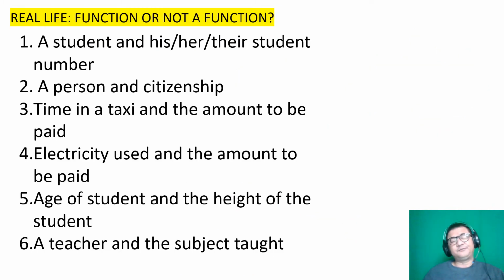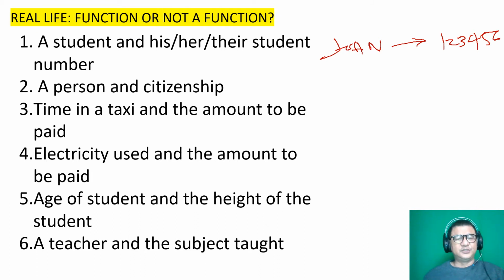We'll understand it fully with these real life situations. Tell me if this is a function or not. Remember, every input has exactly one output. A student and his, her, or their student number. Okay, think of your school. Does each student, let's say the name of the kid is John, John has exactly one student number. Do you agree? Can John have two outputs, two student numbers?